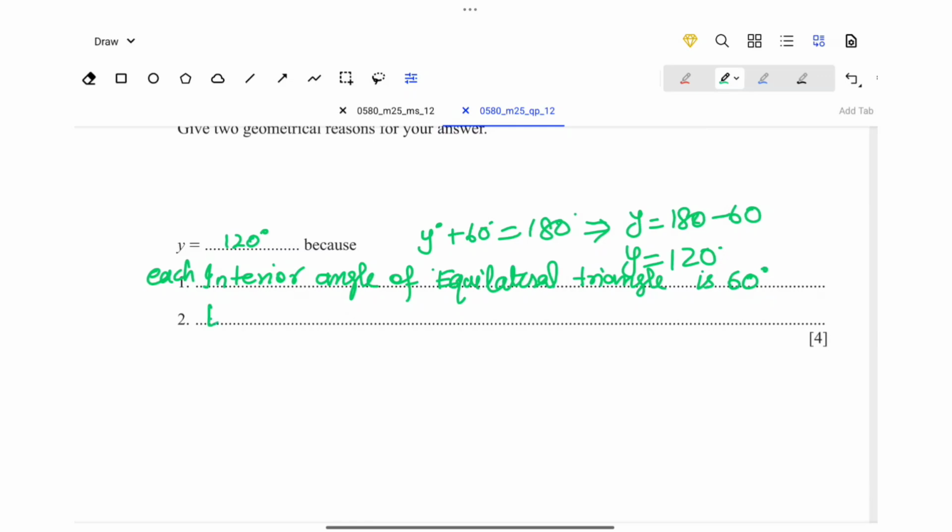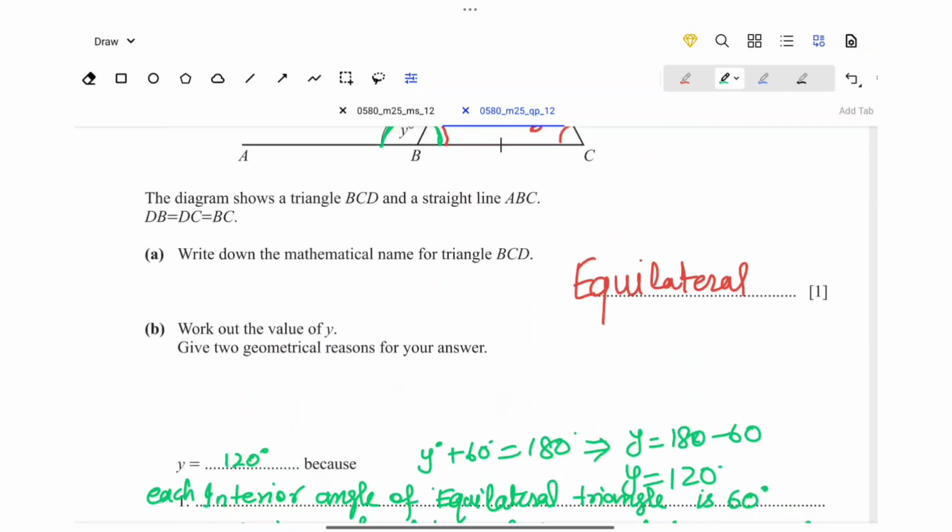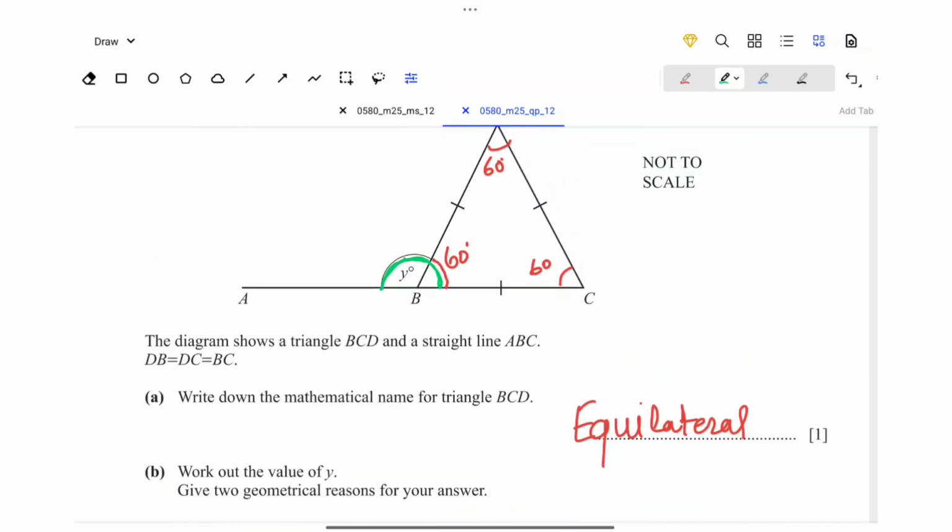Second is the exterior angle. The exterior angle of a triangle is equal to the sum of the opposite interior angles. So y is the exterior angle.